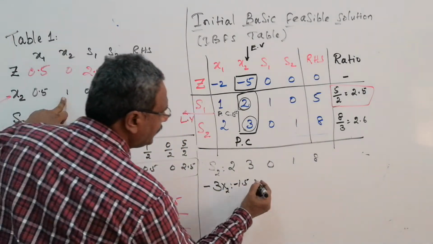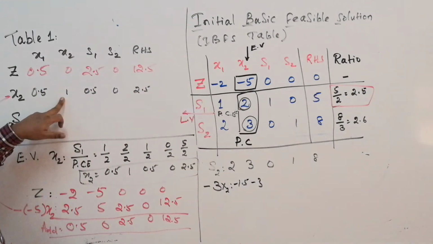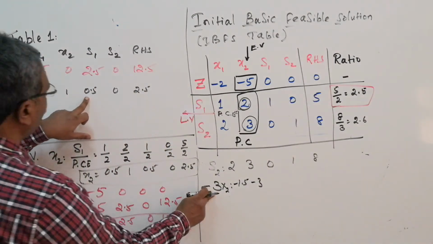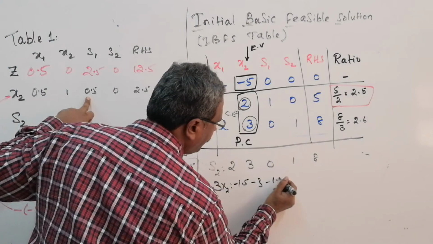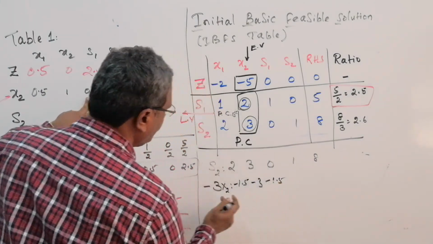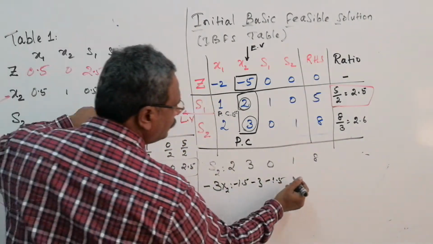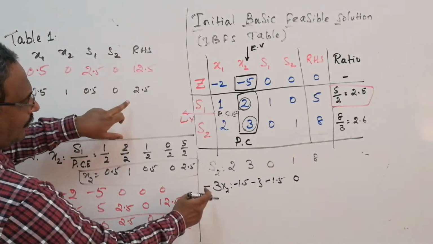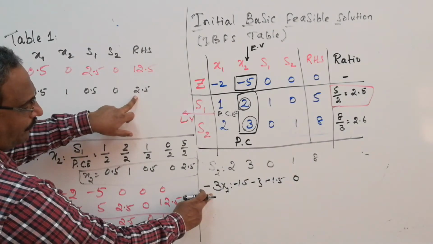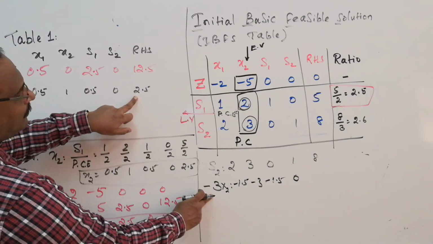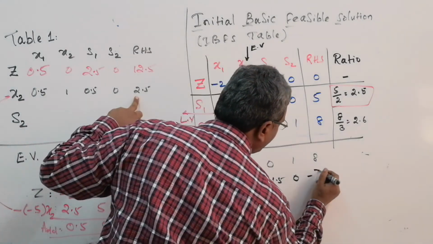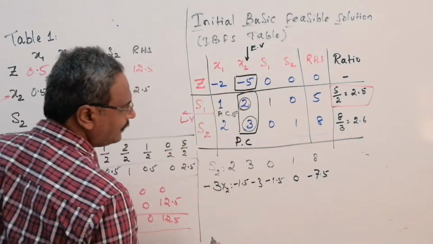Minus 3 into 3. This is minus 3. Minus 3 into 0.5, this is minus 1.5. Minus 3 into 0, this is 0. Minus 3 into 2.5, this is minus 7.5.